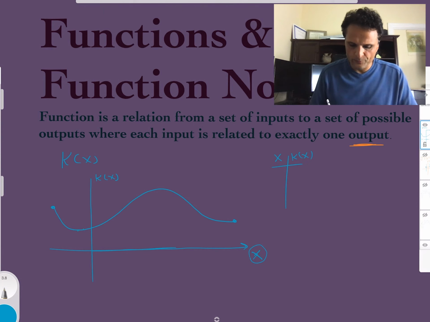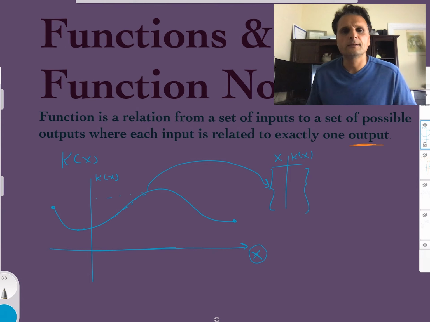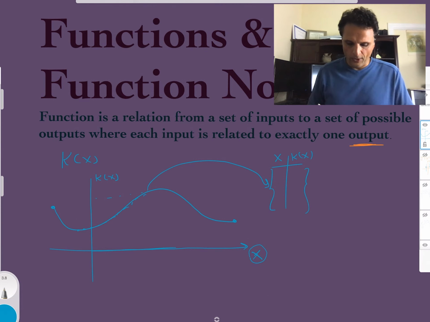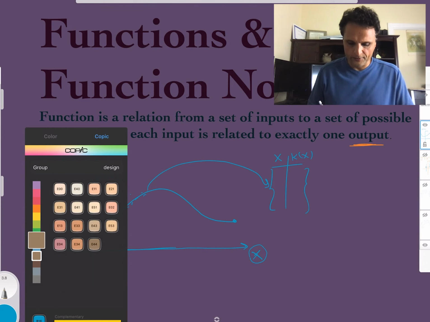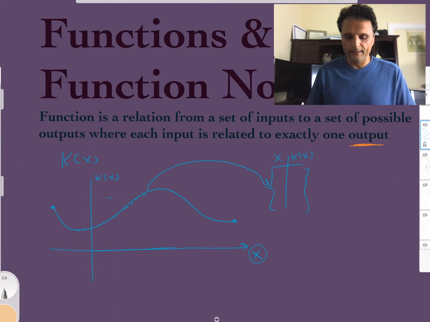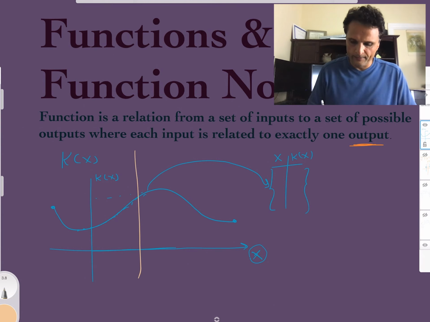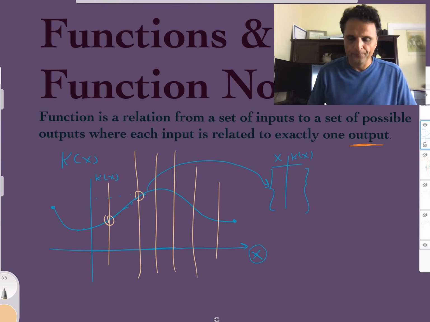There are millions of points out here. I can list them on this and also list the value of y over there, which is not going to be possible because there's a lot of points. So how do we know that this graph is a function or not? We apply the vertical line test. So any vertical line you make crosses at one point. So therefore k of x is a function.